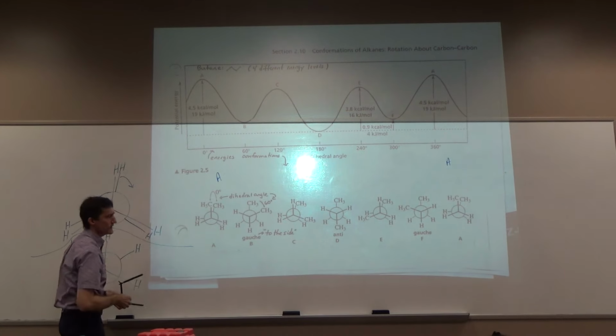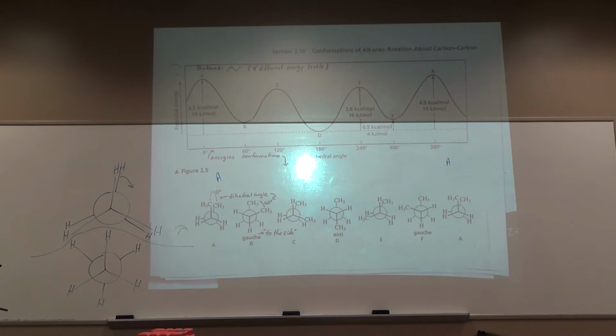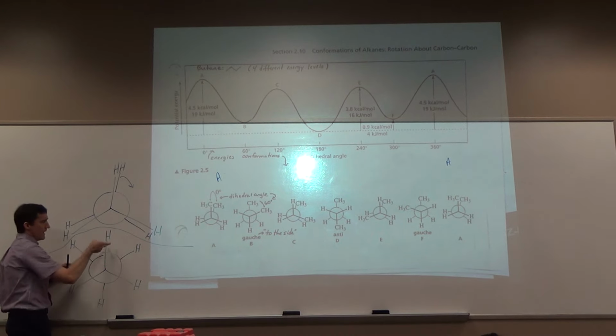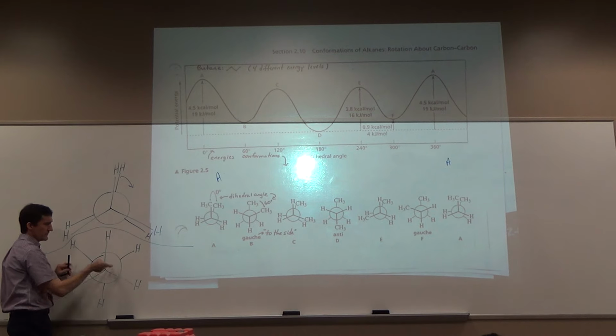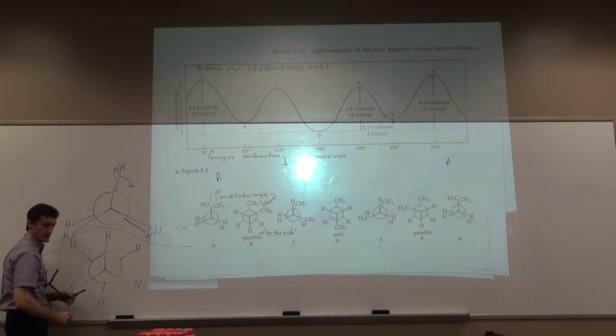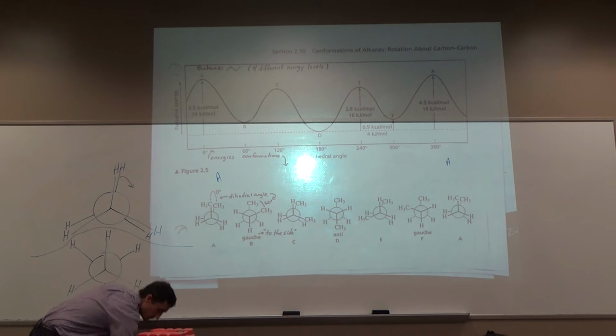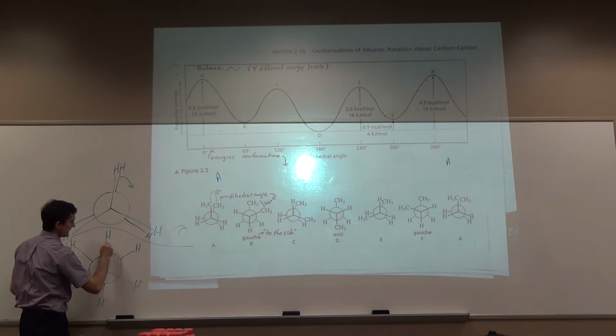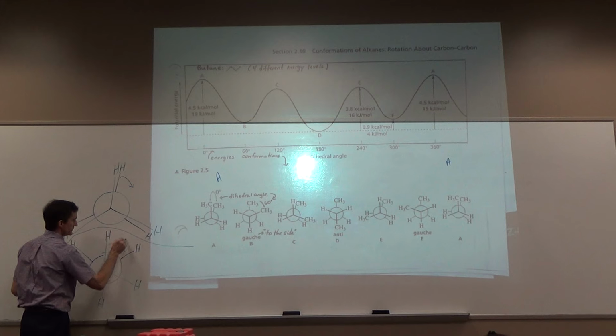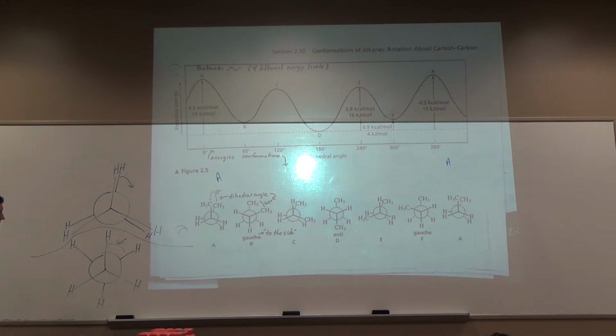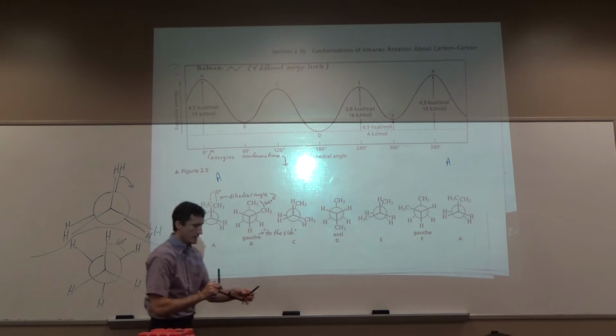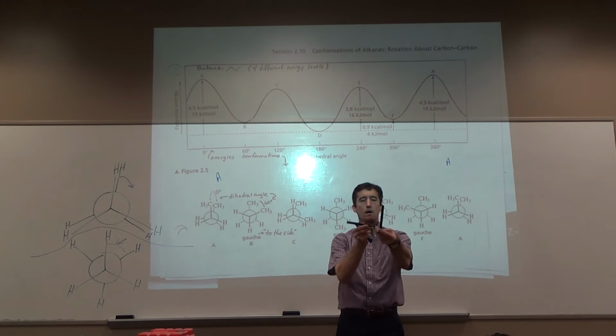By the way, dihedral angle, let's mention that. What is a dihedral angle? Dihedral angle is 2 different planes. It's the angle between a bond on the front carbon versus a bond on the back carbon. For example, right here, this is a dihedral angle of 60 degrees. Right there.